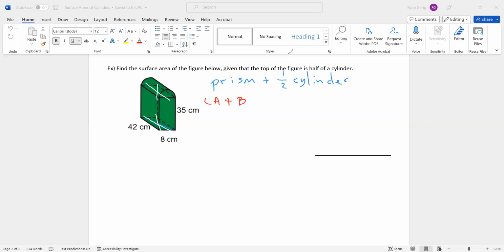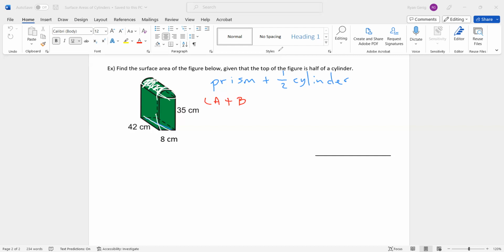Okay. Now in the cylinder, what's showing? I've got the whole lateral area, this whole area here. But then the bases are also showing on the back side and the front side.